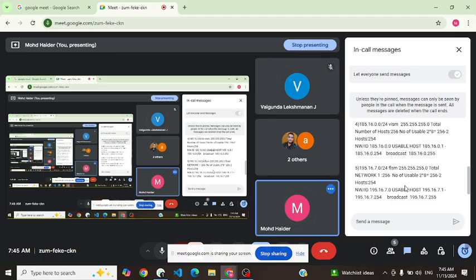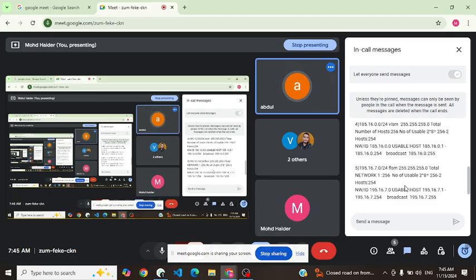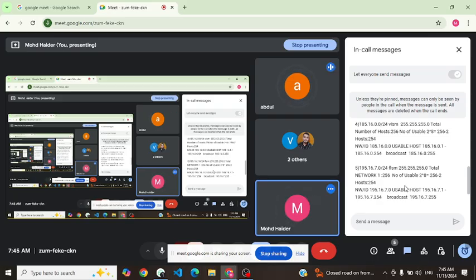Abdul, will it be 2 to the power 8 or 2 to the power 0 for the number of networks? 2 to the power of 0. How are you calculating 2 to the power 0? It's a class B network. And what is the default subnet mask for a class B network? It's 255.255.0.0, slash 16.